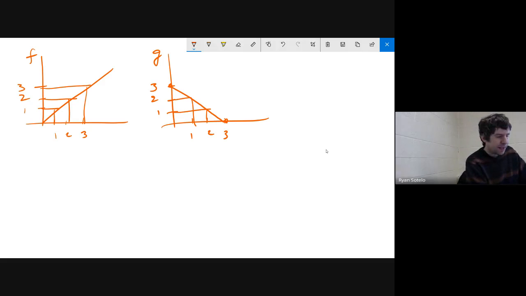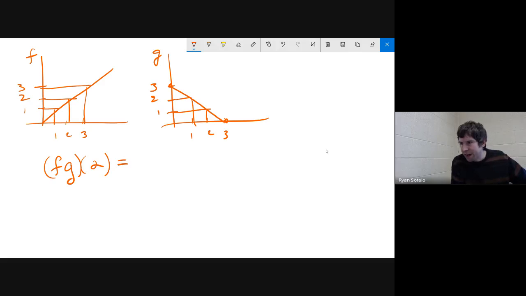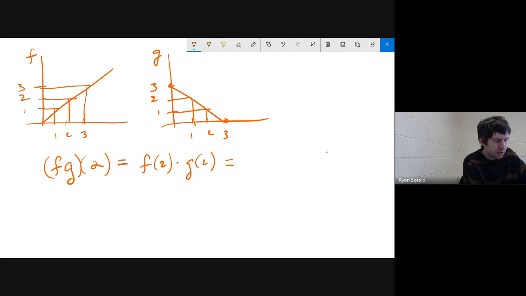And they may say, well, what's f times g of 2? So when you have a graph instead of an expression, all you've got to do is say, well, that's f of 2 times g of 2. So what is f of 2? Well, if I go to 2 on f, that's my input on f, my output is 2.